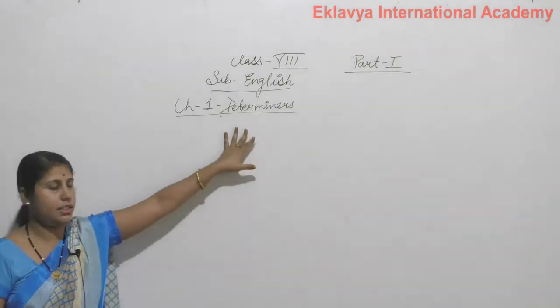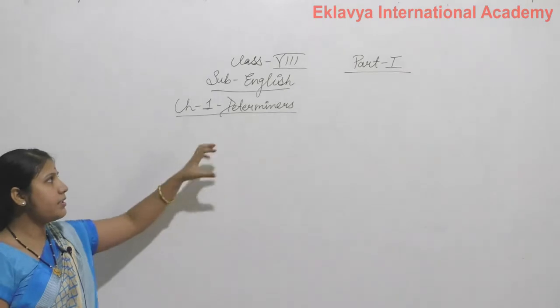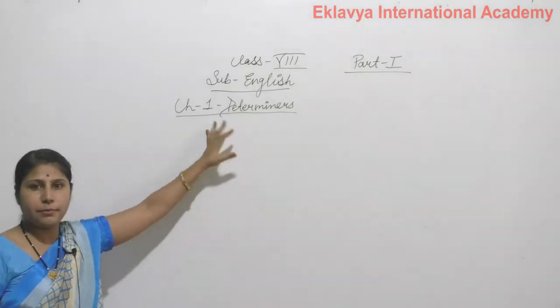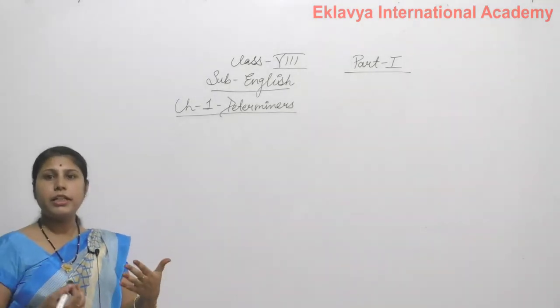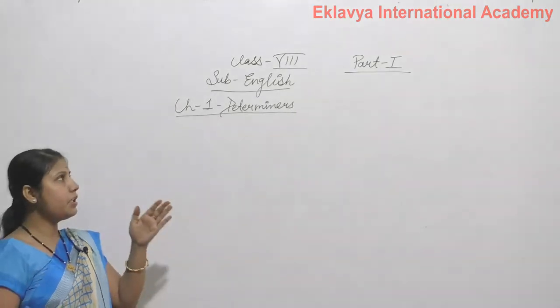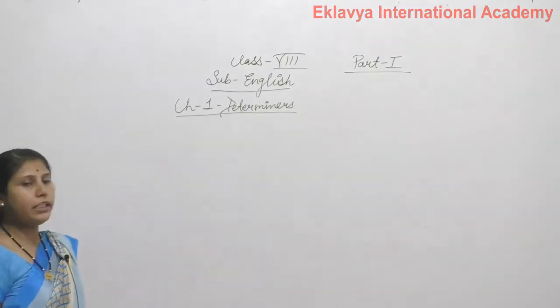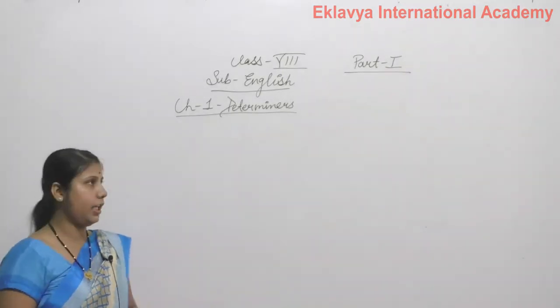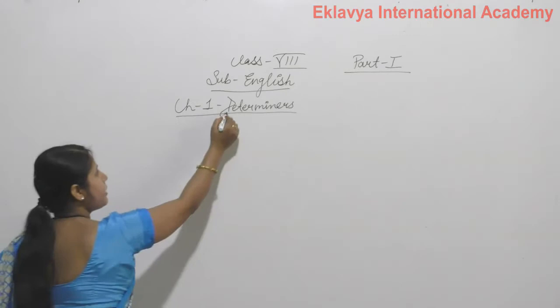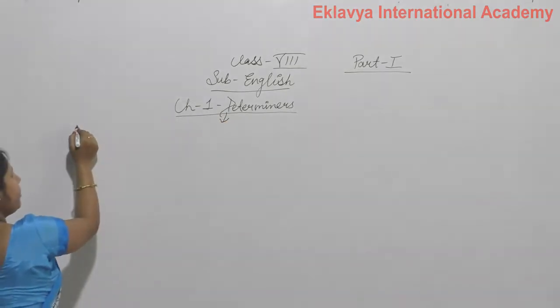What are determiners? The exact meaning of determiners is what we determine. Determiners are words which specify or identify a noun in some way. What is the definition of determiners?